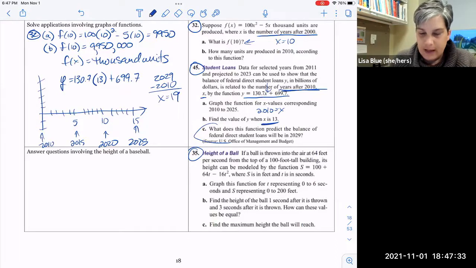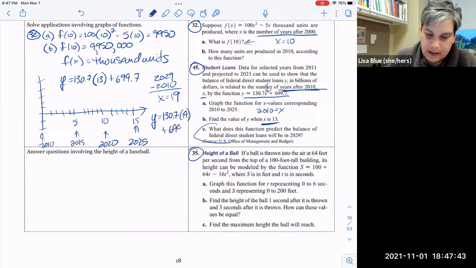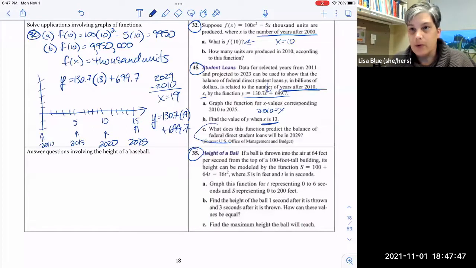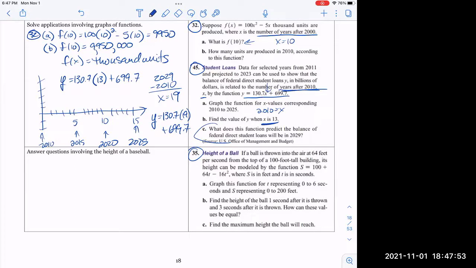And so if we take that x equals 19 and plug it into the function, so 130.7 times 19 plus 699.7, that would kick out that value requested in part C. Does that make sense? It does now. Brilliant. Good, good, good.